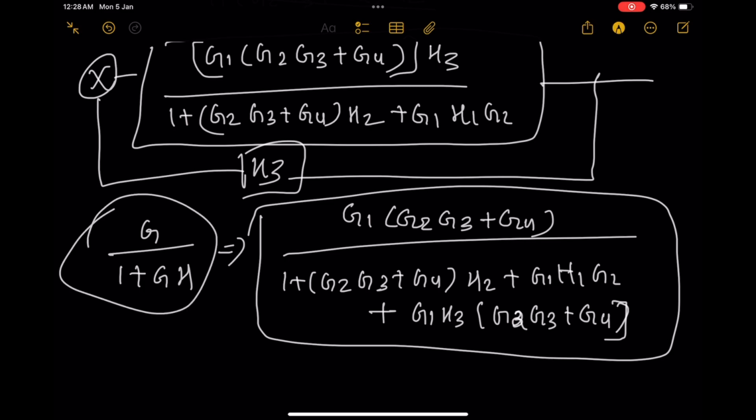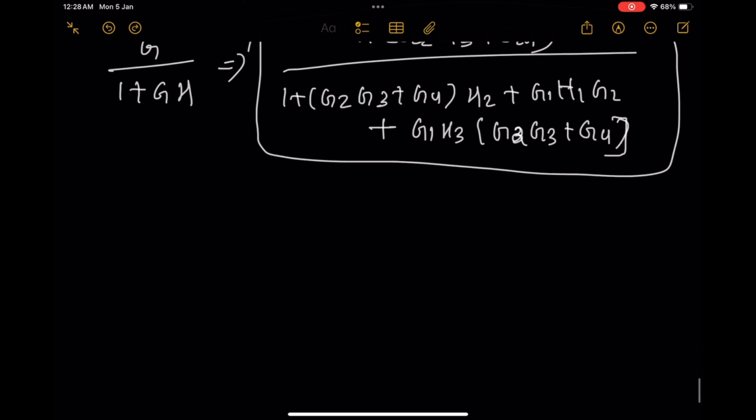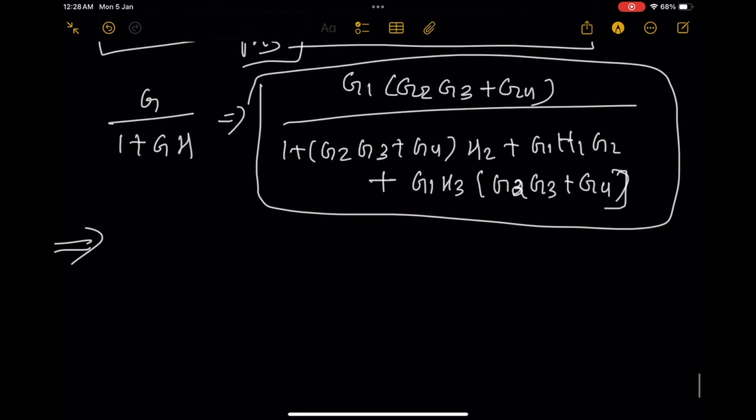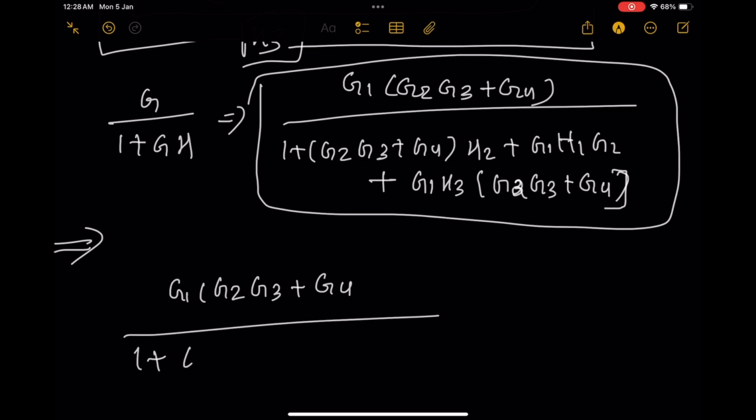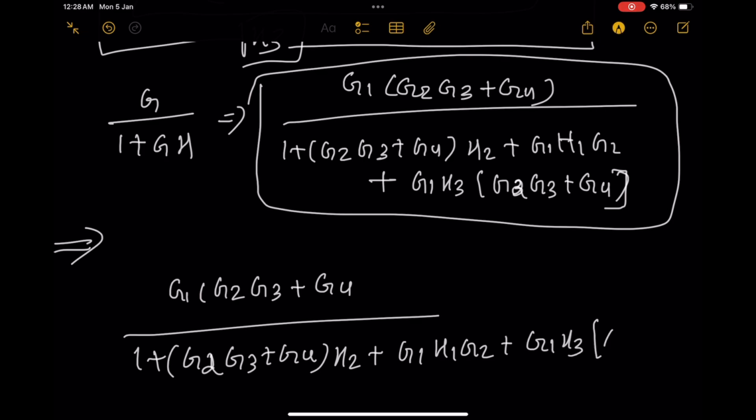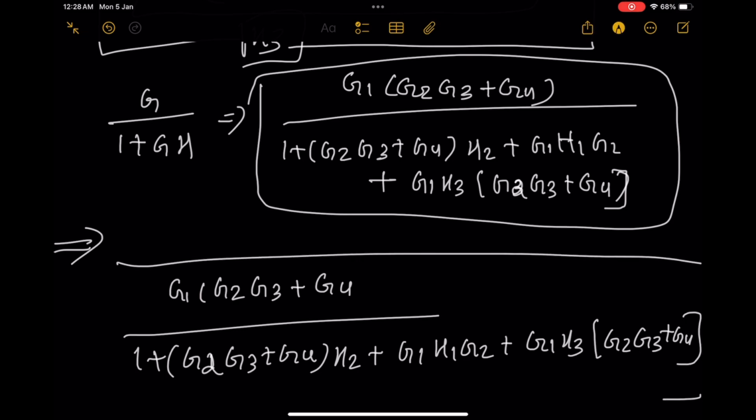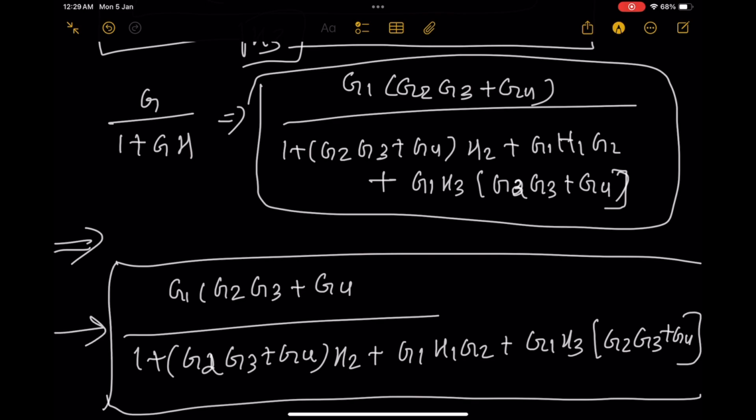So by that we can write the entire block diagram with an input R of S and an output.